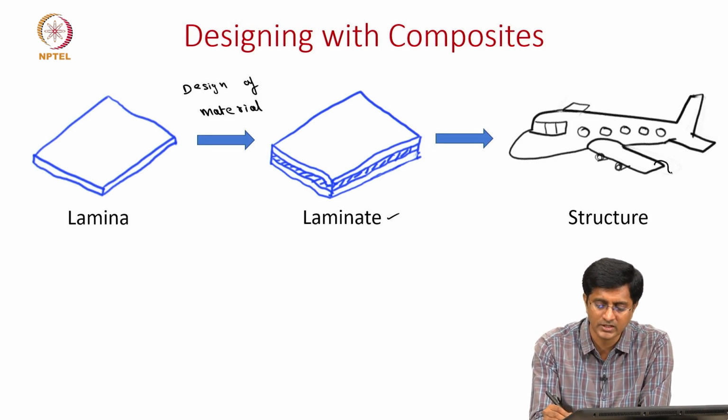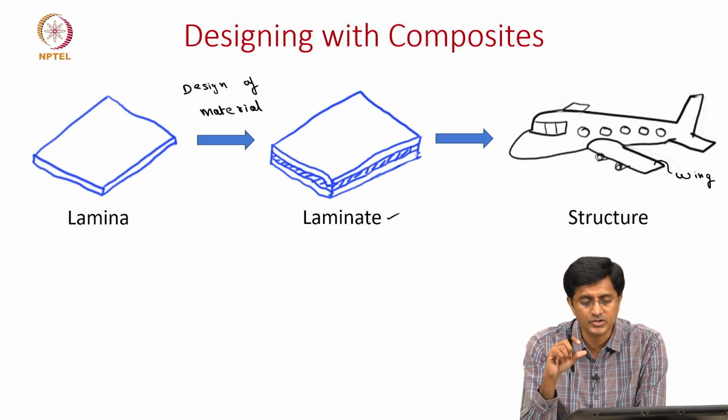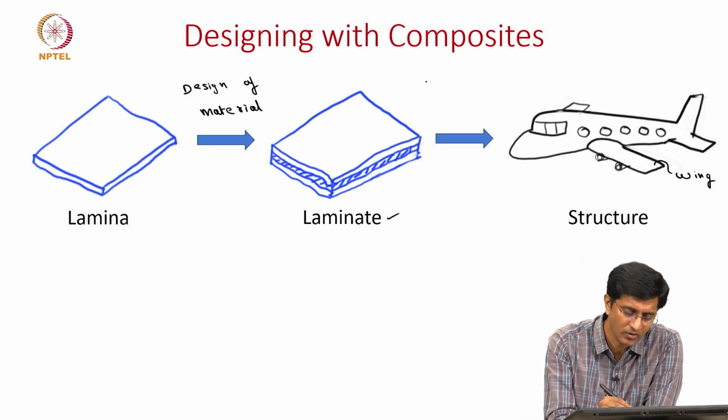Let us say we are designing the wing of an aeroplane. Then the designer should come up with the optimum shape or size of these laminates, so as to have superior aerodynamic performance as well as maintain structural integrity. So, this we call the design of the structure.